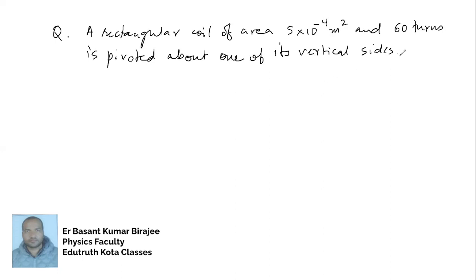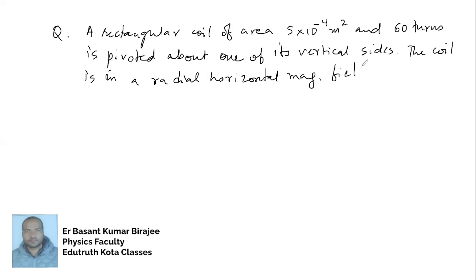The coil is in a radial horizontal magnetic field of 9 into 10 to the power minus 3 Tesla.